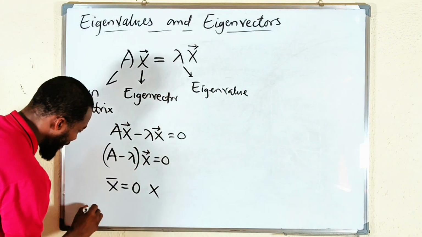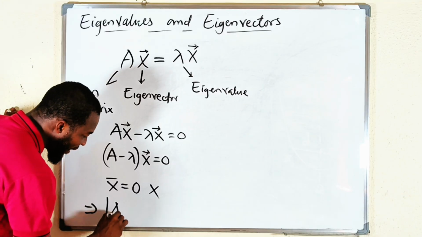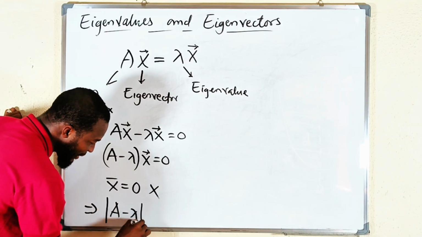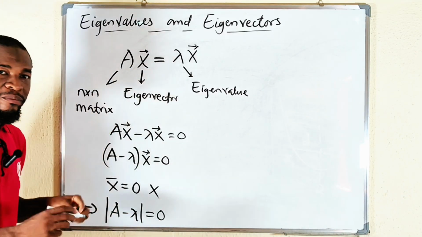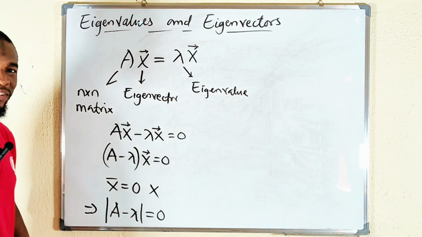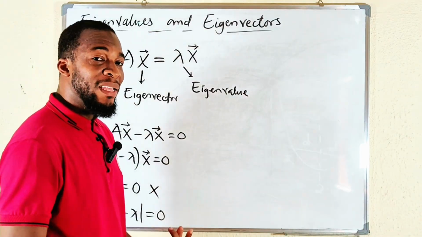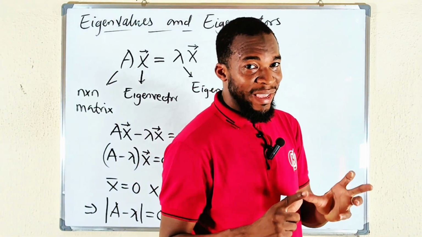This implies that the determinant of this A minus lambda must be equal to 0. Non-trivial.